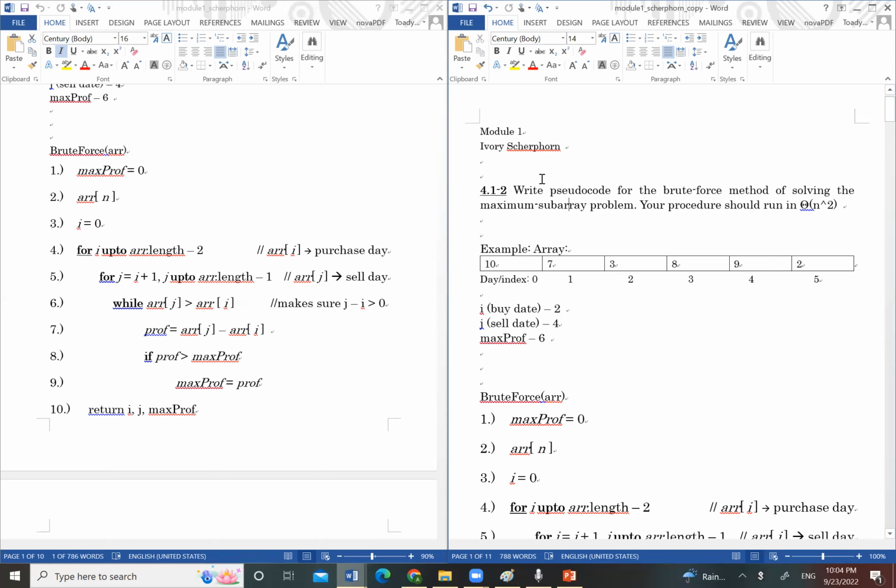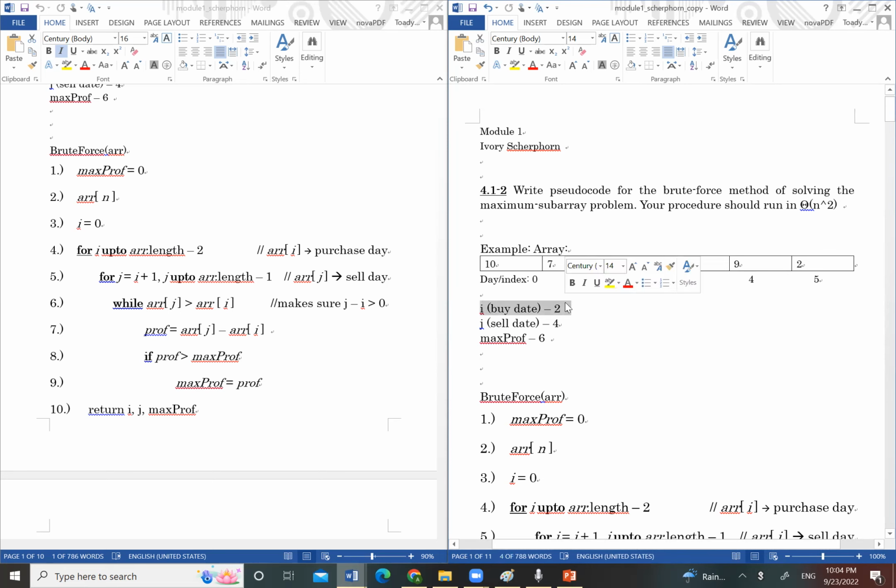So I use my own example, my own array. I use the indexes as also the days. So the array is 10, 7, 3, 8, 9, 2. I is representing the buy date. This is my outer loop, because I have an outer loop and an embedded loop.